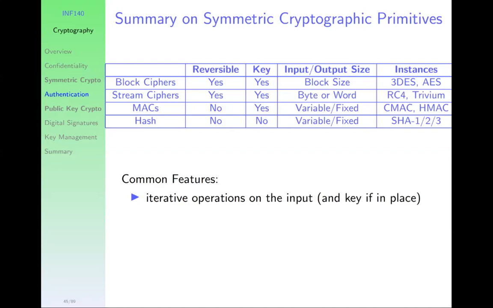Here the input and output sizes I mentioned before, and the difference between block ciphers and stream ciphers is here. Block ciphers encrypt the data block by block, while stream ciphers encrypt bit by bit. Given today's CPUs are 32 or 64 bits, we can directly encrypt the data with the key stream, byte by byte or word by word.